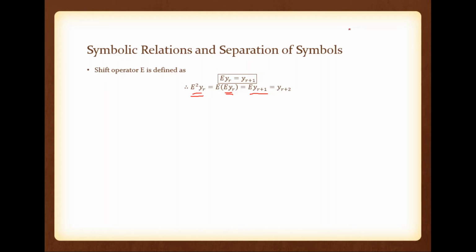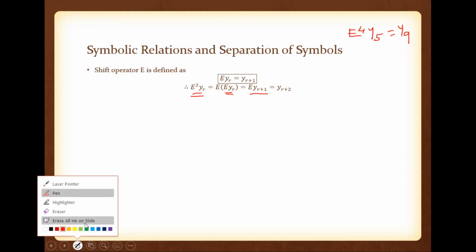So please note, what about E4 Y5? E Y5 means Y6. E square Y5 means Y7. What about E4 Y5? The fourth next data of Y5, that is Y9. Is it okay all of you?